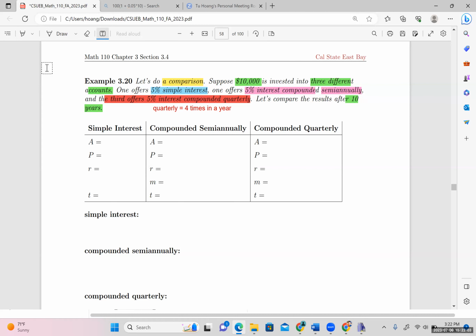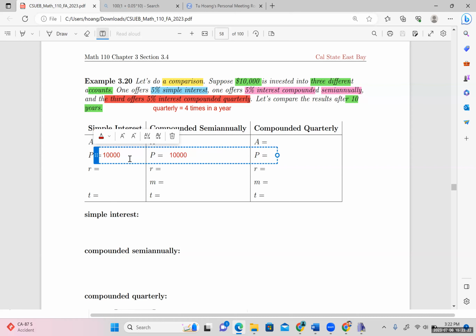So we have 10,000 as starting amount. So that's going to be P, right? So 10,000 for P, 10,000 for the next one, 10,000 for the last one.